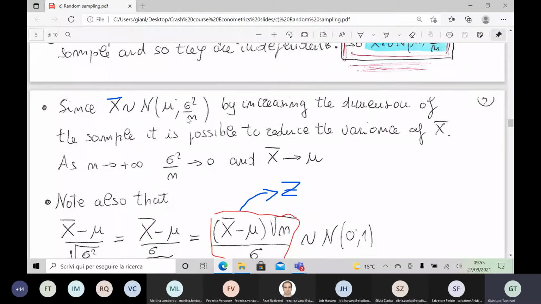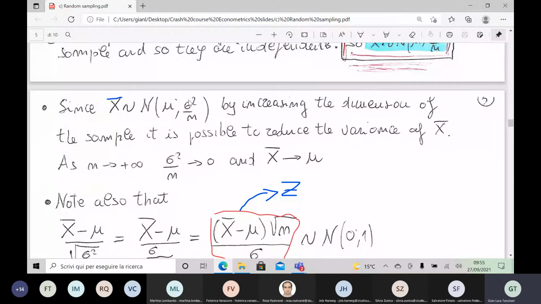So x bar tends to be a constant. Remember, the variance of a constant is 0. So as n tends to plus infinity, the bigger the dimension, the smaller the variance of x bar, and in particular this tends to 0.